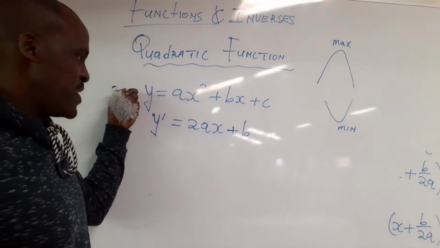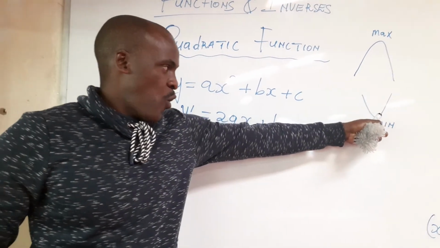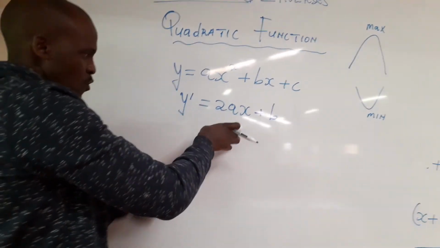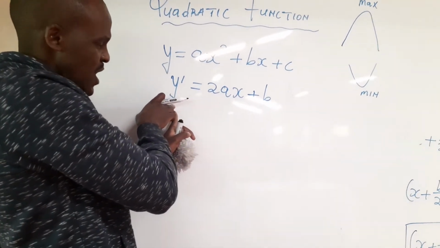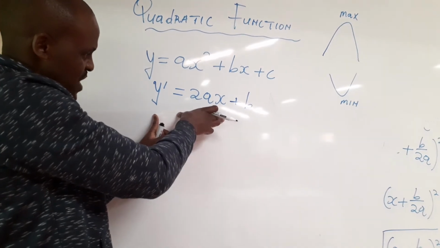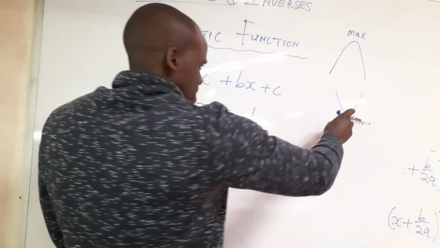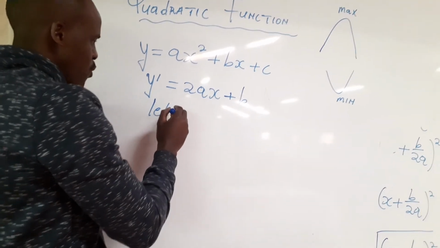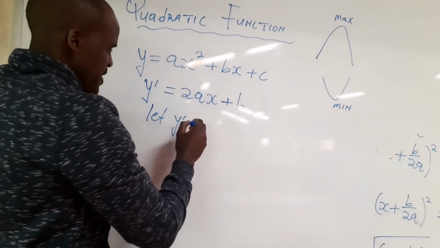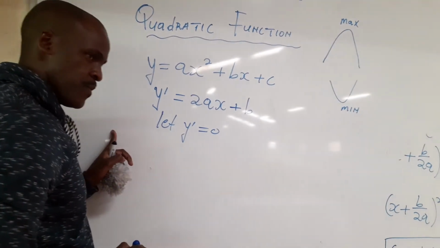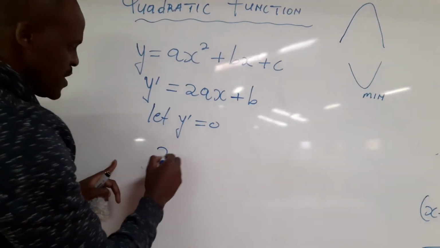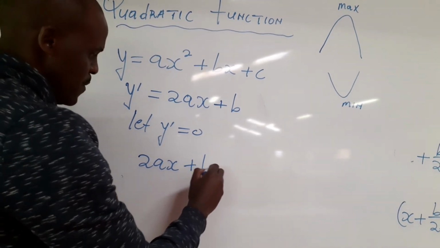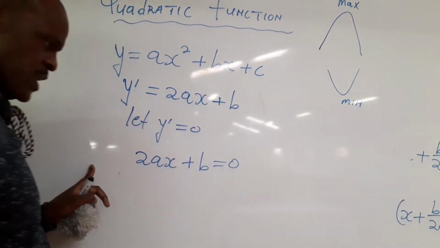We are to find the coordinates for minimum or maximum. So we have derived this. After deriving, remember this is the gradient of a tangent. The gradient of a tangent at a turning point is 0. Therefore, we let the derivative be 0. Now we have 2ax plus b equals 0.